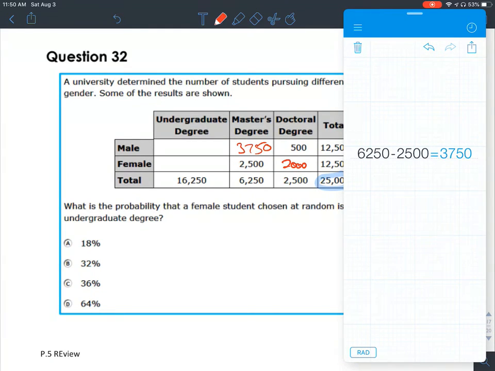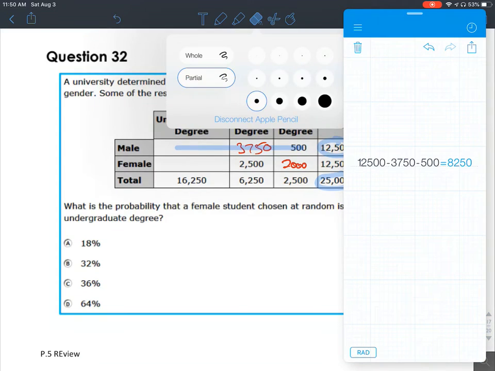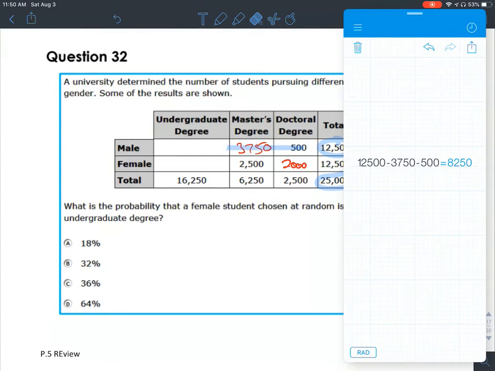If we were to add these three numbers, we should get 12,500. So that means if I take 12,500 minus 3,750 minus 500, I would get 8,250.